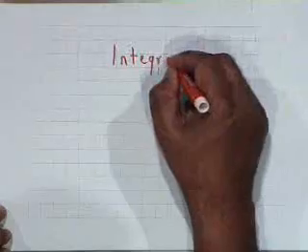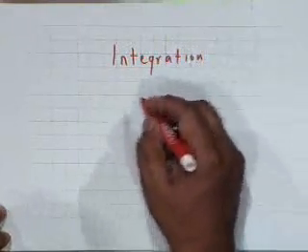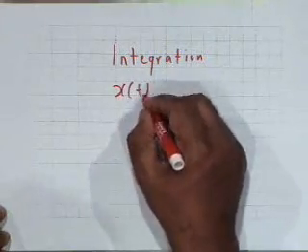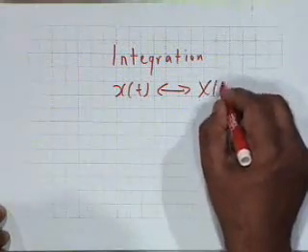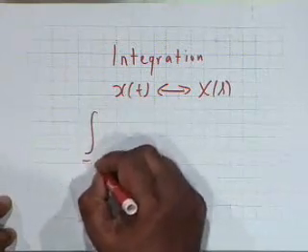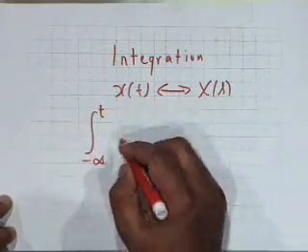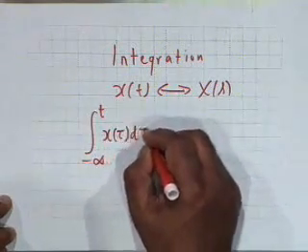All right. Next, we have considered differentiation. So next we consider integration. That is, x of t is the pair of capital X of s. Then we ask ourselves, what is the integral from minus infinity to t of x of tau d tau?